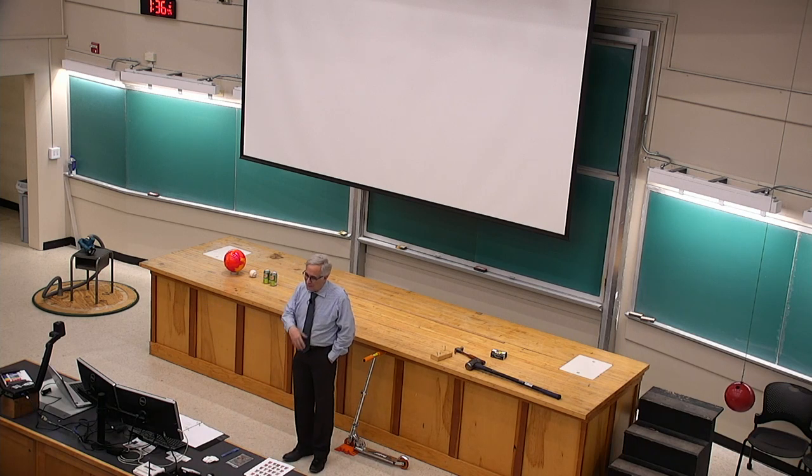My favorite form, to keep it as a concept so it hopefully sticks, is this: if you want to know how an object's going to accelerate, figure out the net force on the object, and divide that net force by the object's mass. That ratio is the acceleration of the object. So it's force over mass equals acceleration.